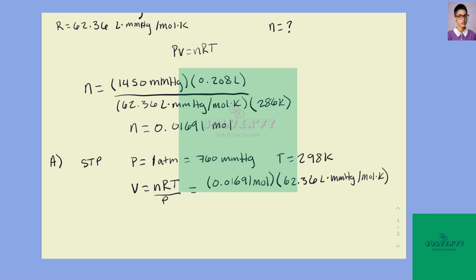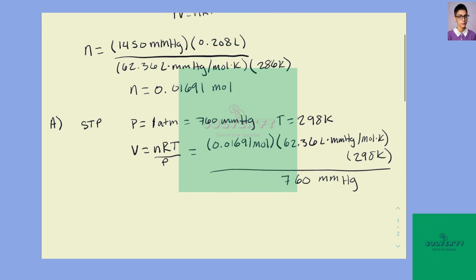And I'm just going to continue writing on the next row, and then we're just going to times this by 298 Kelvin, and then we're going to divide all of this by our pressure, which is 760 millimeters of mercury. I'm just keeping the units of mercury the same.